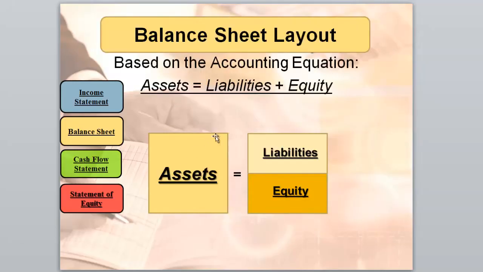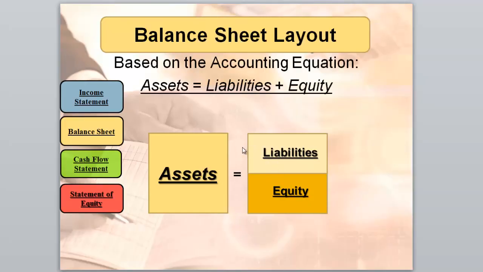The balance sheet, the layout of the balance sheet is assets equals liabilities plus equity. This must always stay in balance. Now the balance sheet is basically a financial statement that shows what the company has on hand, what their assets are, which needs to equal either what they borrowed or what people have put into the company.